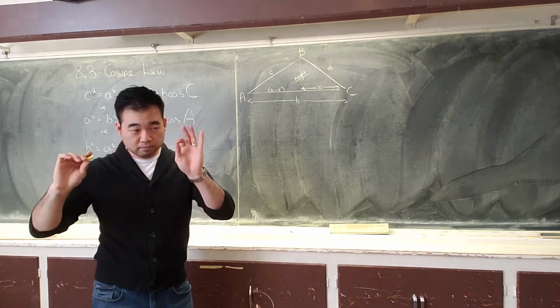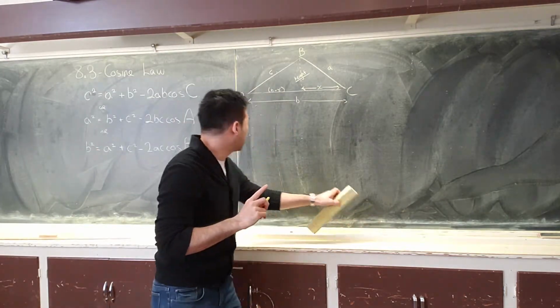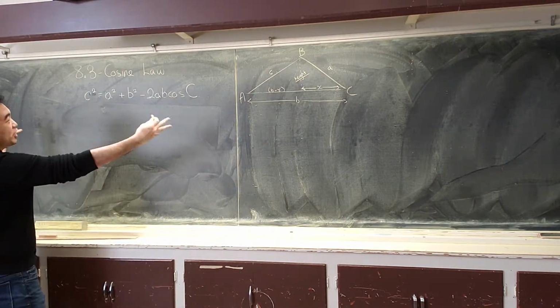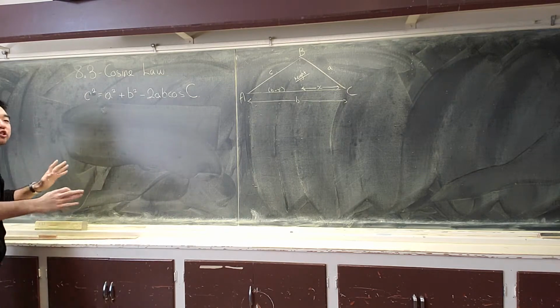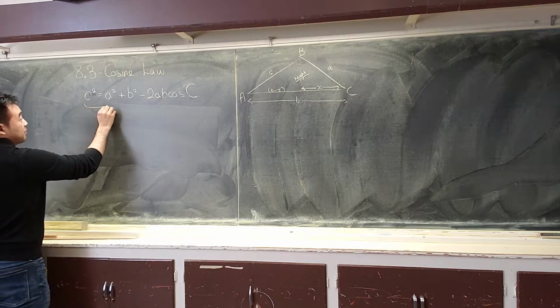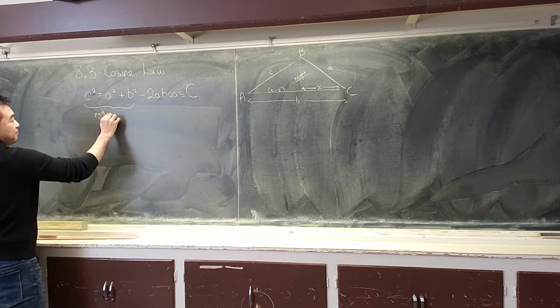Before I begin, I also need you to recognize something. Out of this equation, which part looks familiar to you? From here to here, do you see it's Pythagorean theorem?